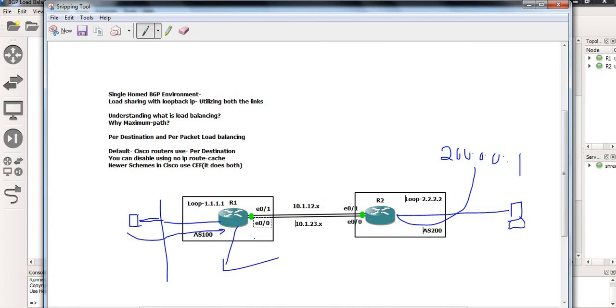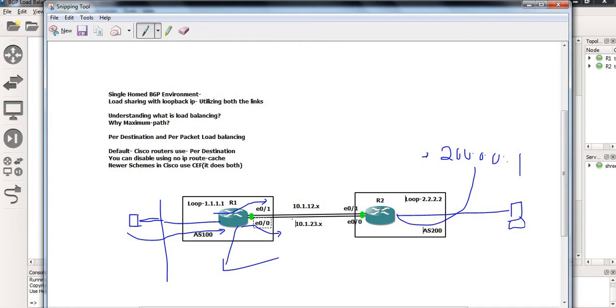When you configure load balancing, you will see the two exit paths for this destination in your routing table. One packet will go via this interface, the other packet via the other interface. This is called load balancing, which means that the traffic is distributed between the two links.